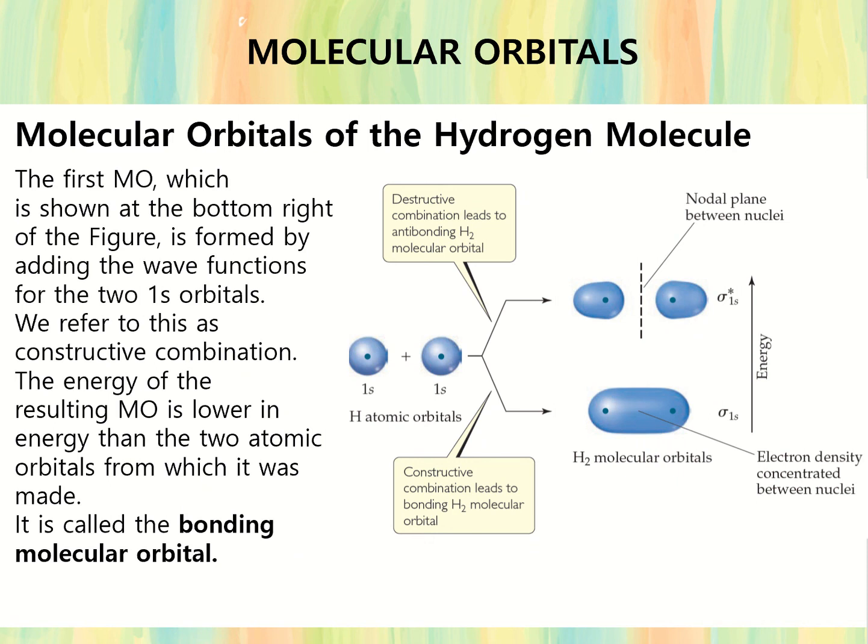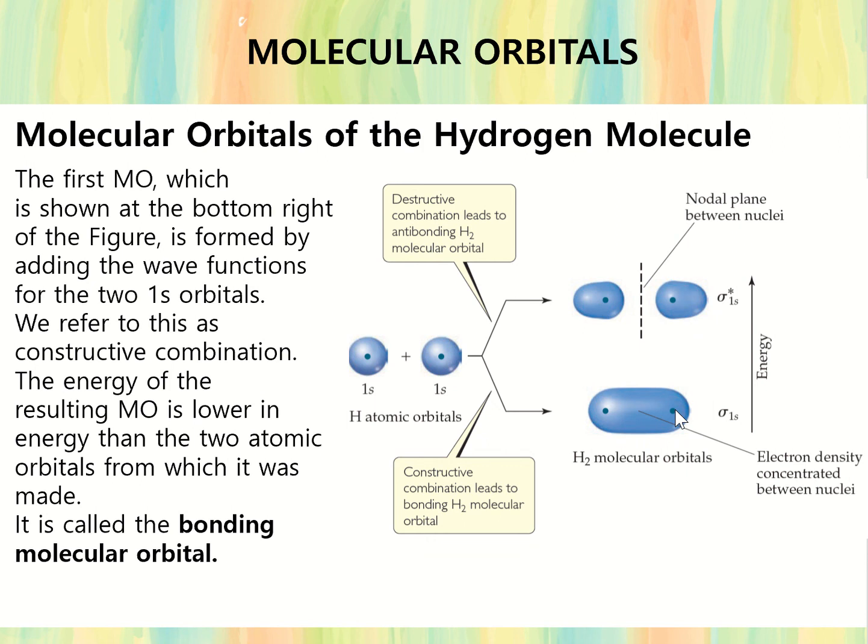So the first molecular orbital, which is shown at the bottom right, that's here, is formed by adding the wave functions for the 2 1s orbitals. We refer to this, as I said before, as constructive combination.